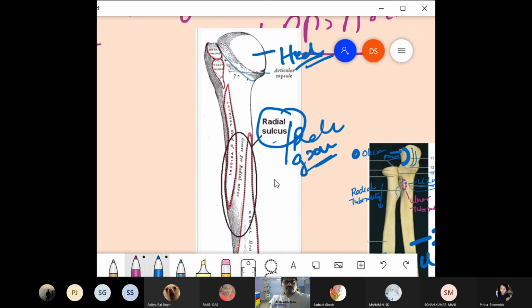So the lateral and the medial head are having their origins from the areas close to the radial groove of the humerus bone. Clear now?